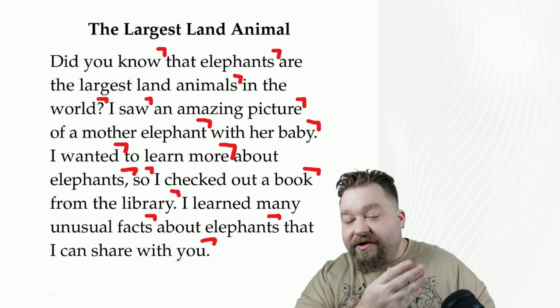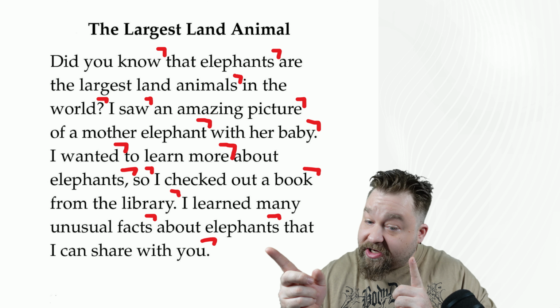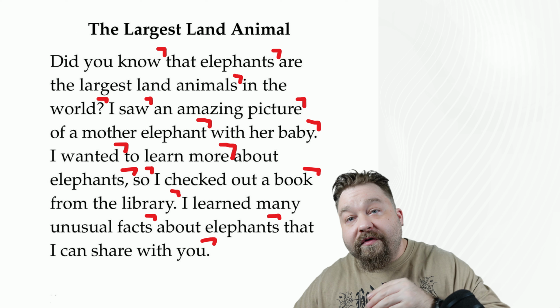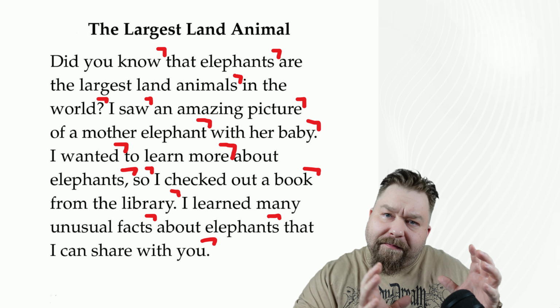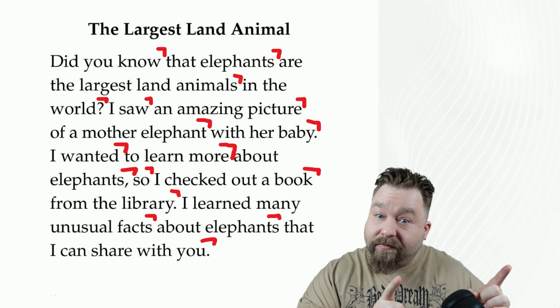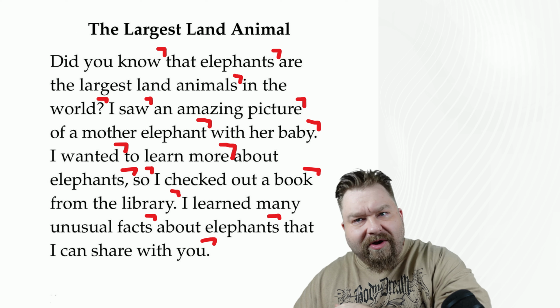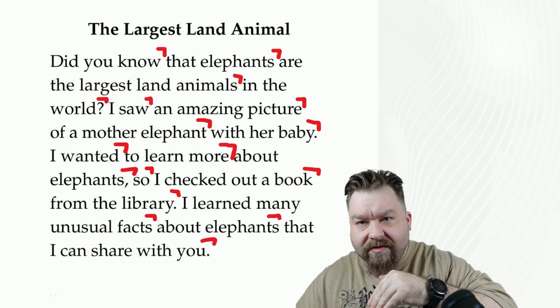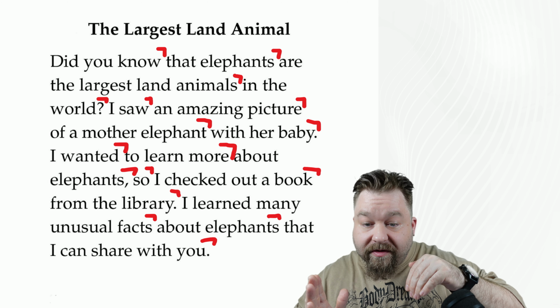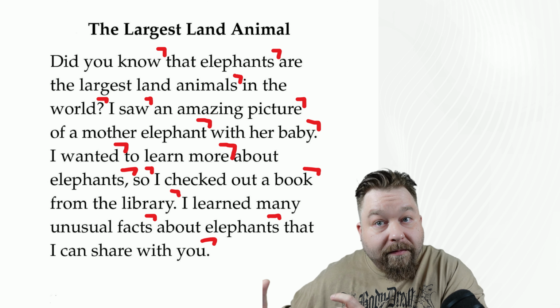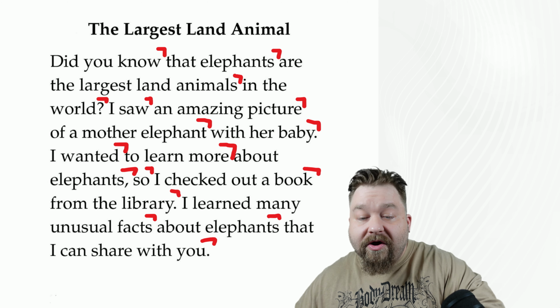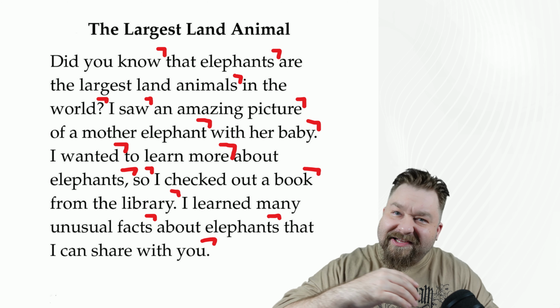I wanted to learn more about elephants, so I checked out a book from the library. I kind of borrowed some of the time from the so, right? So, I still have some time left on my rhythm, so I borrow that for the longer part of that sentence. So, I checked out a book. I checked out a book.